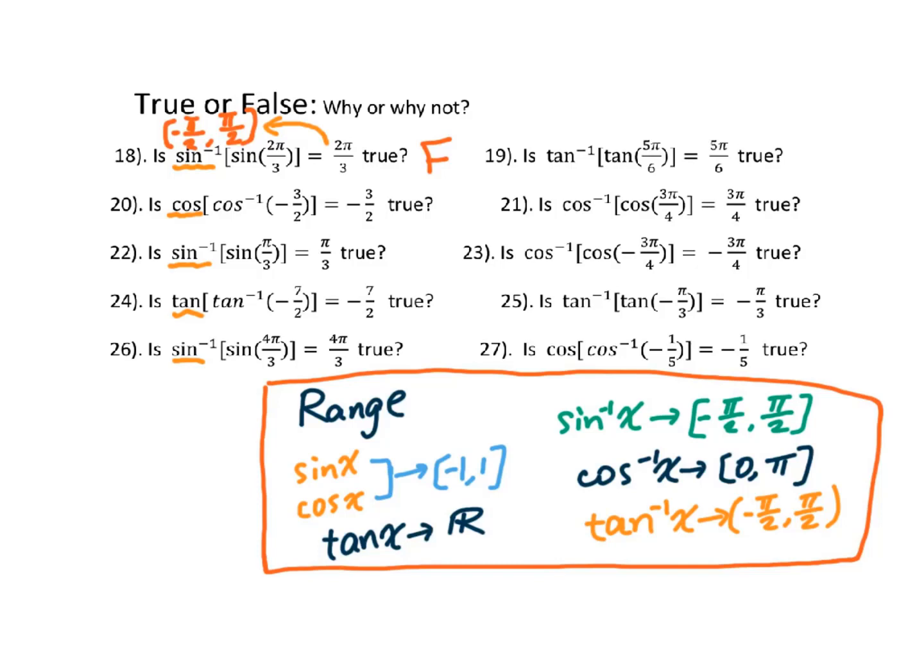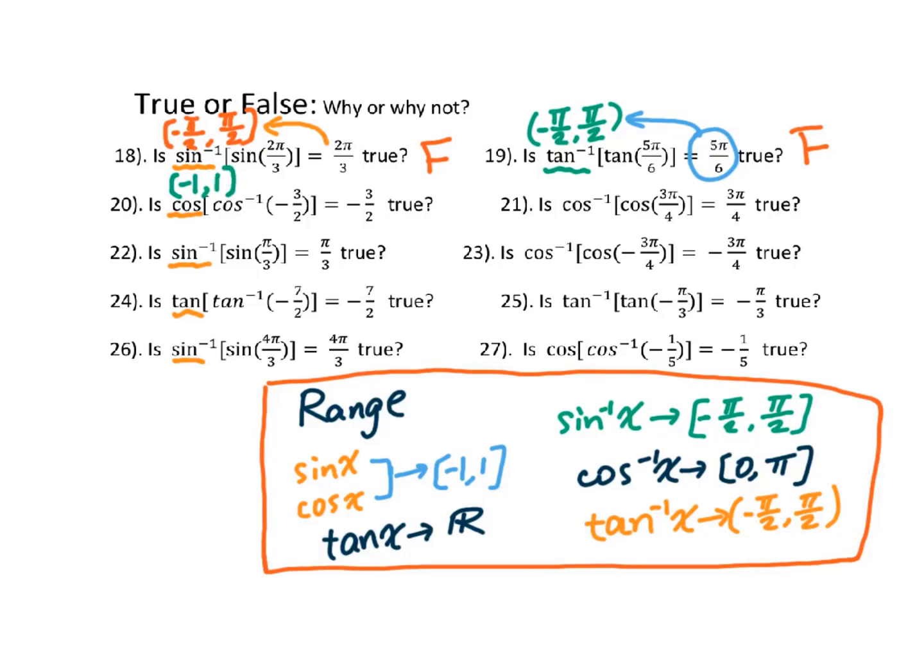For number 19, range for inverse tangent is negative pi over 2 to pi over 2. And 5 pi over 6, let's go to second quadrant. It's not in this range. Therefore, this is false. For number 20, range for cosine x is negative 1 to 1.